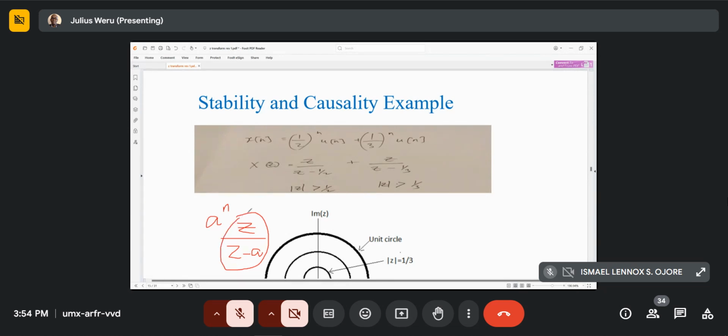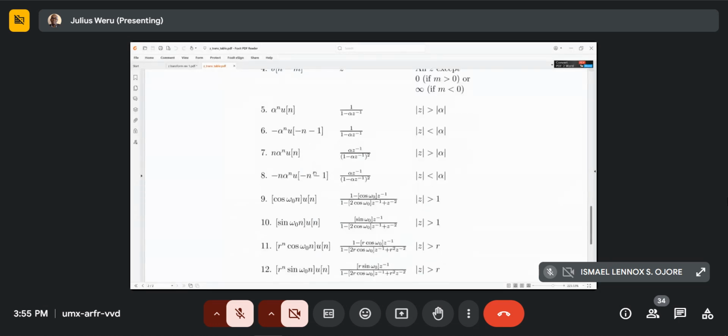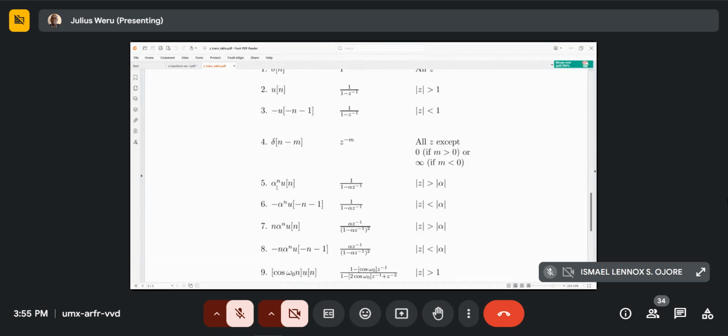Nobody expects you to remember this one. I think I have a z transform table somewhere. Yes, that's a z transform table. So you have a to the n, u of n is that.